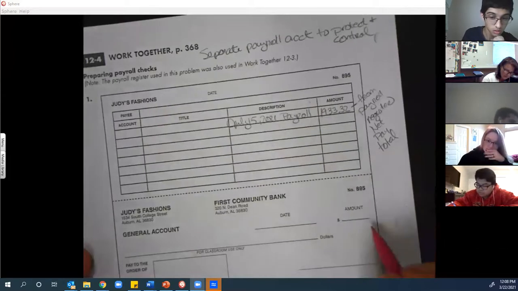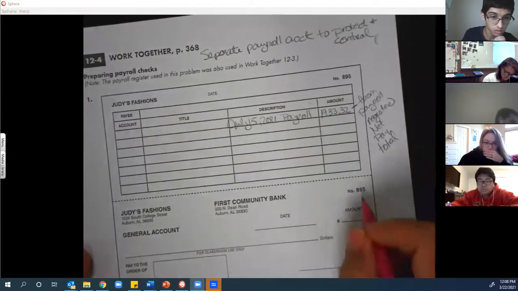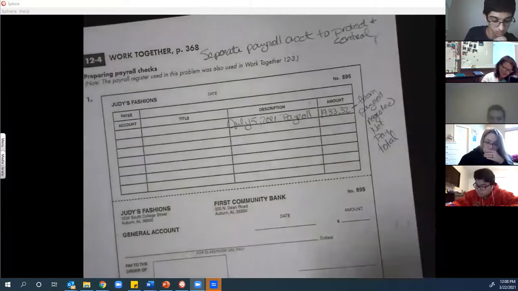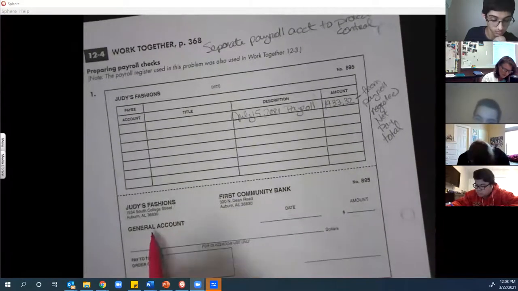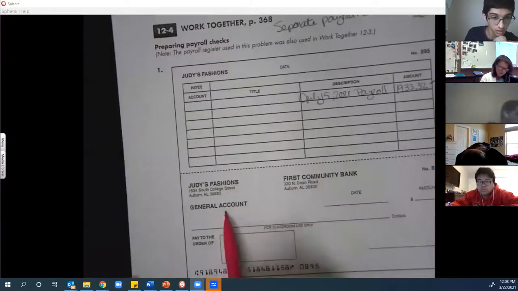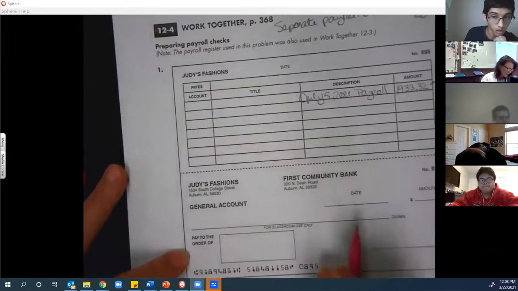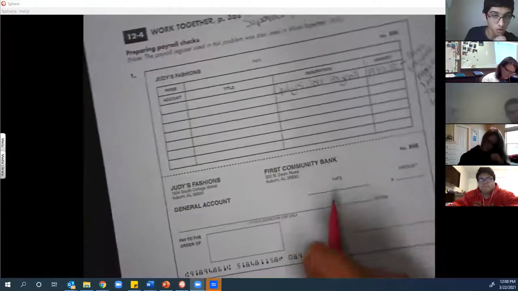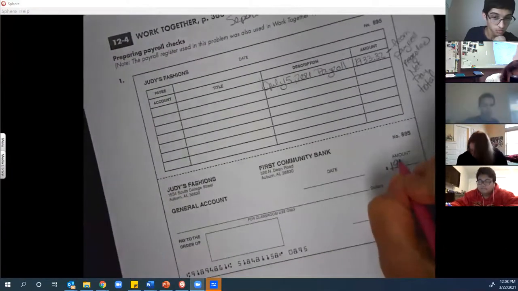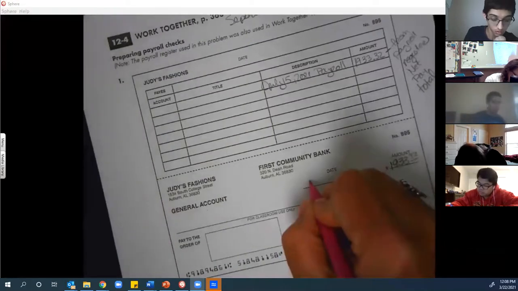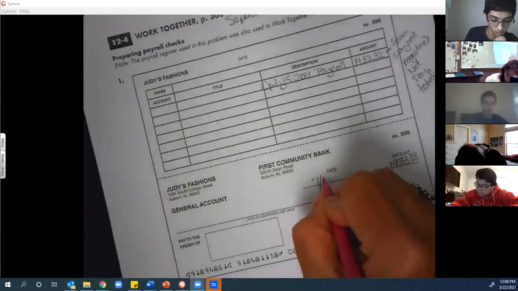Okay, and then we would write this check. Y'all remember how to write a check? Maybe not really. Date, what's it for? Now this one is just going from a general account to the payroll account, so this check's a little different. It's a little weird, right? But the amount is 1933.32. I don't know why they had a different format here.